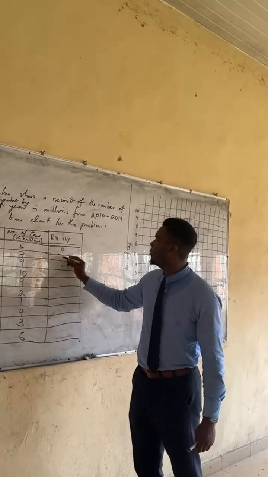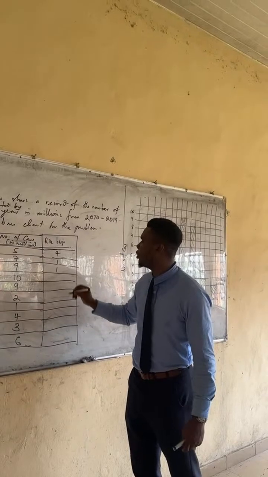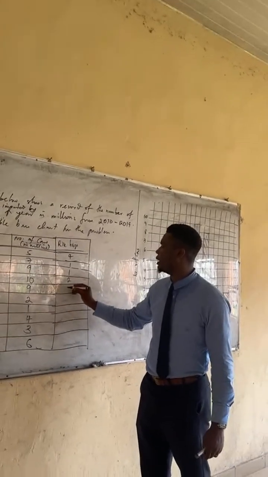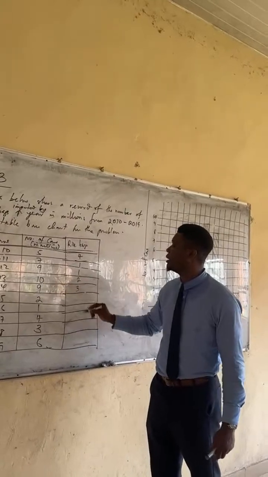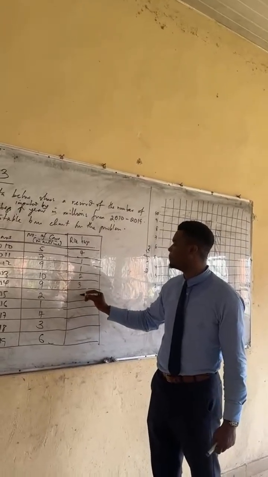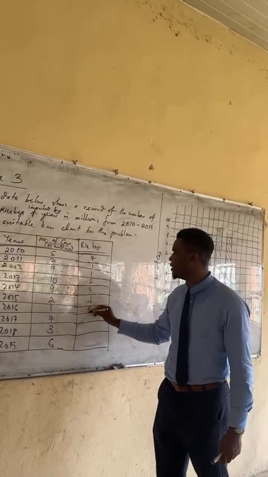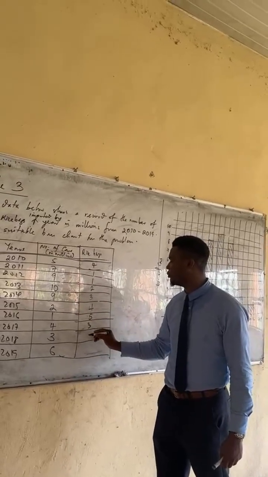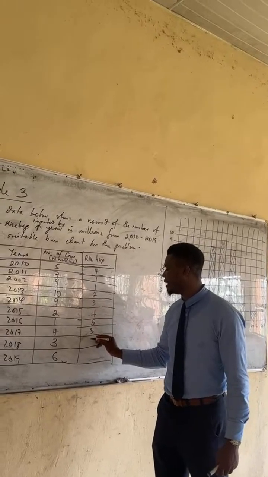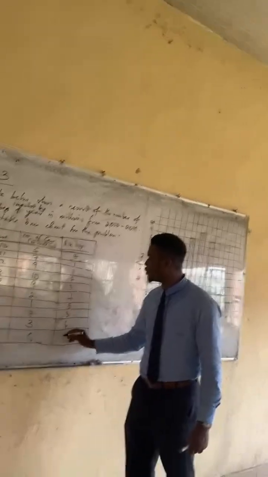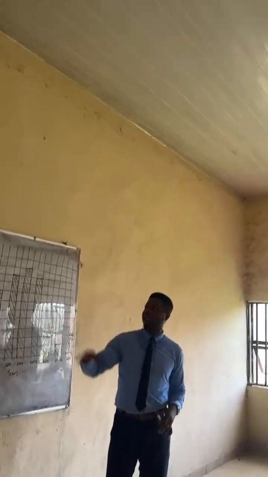Let me put here 1, 1, 2, 3. I want to put here 4. I'm going to put 5 here, 3 here, let's put 6 here, and 3 here. Okay? Now, please write that data.